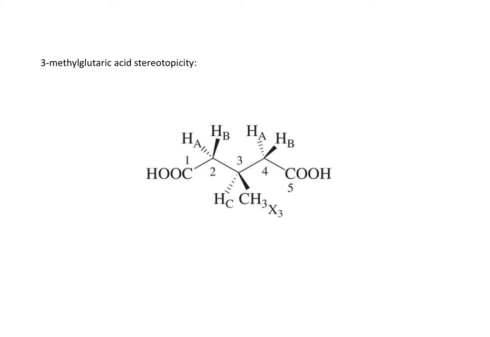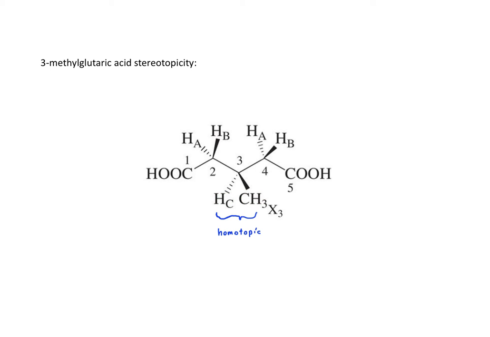The methyl group and the adjacent hydrogen labeled hydrogen C are homotopic. The methyl group is a homotopic group. Hydrogen C is a homotopic atom. Changing either of these groups does not generate a chiral compound.